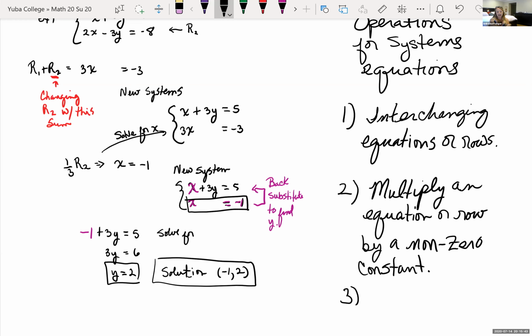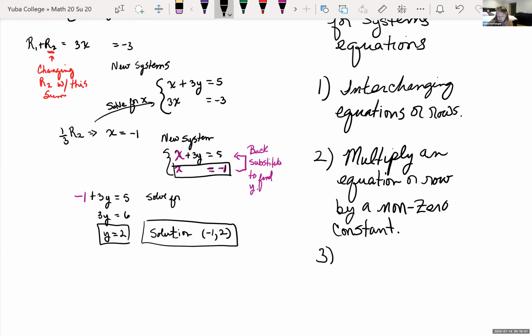And then the last operation that I can do is sum 2 equations together, or sum a multiple of one equation to another equation and replace it.